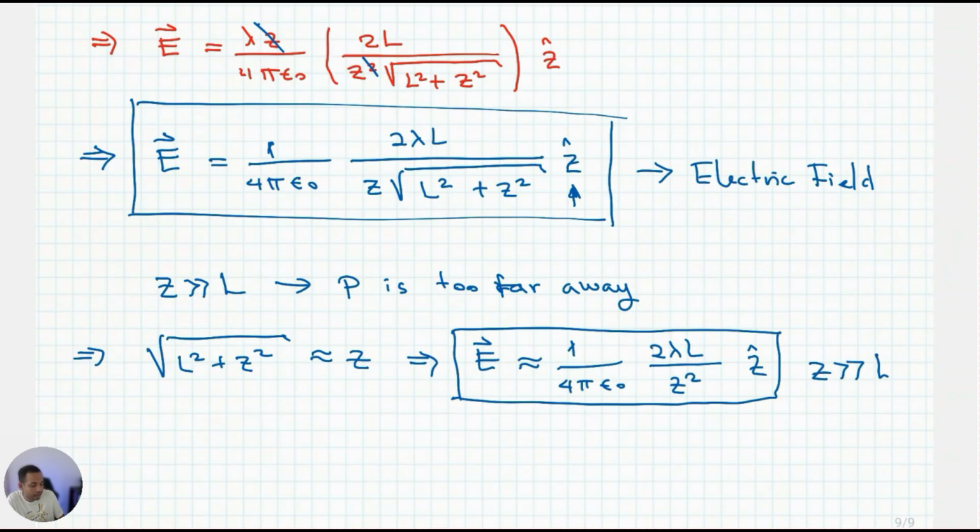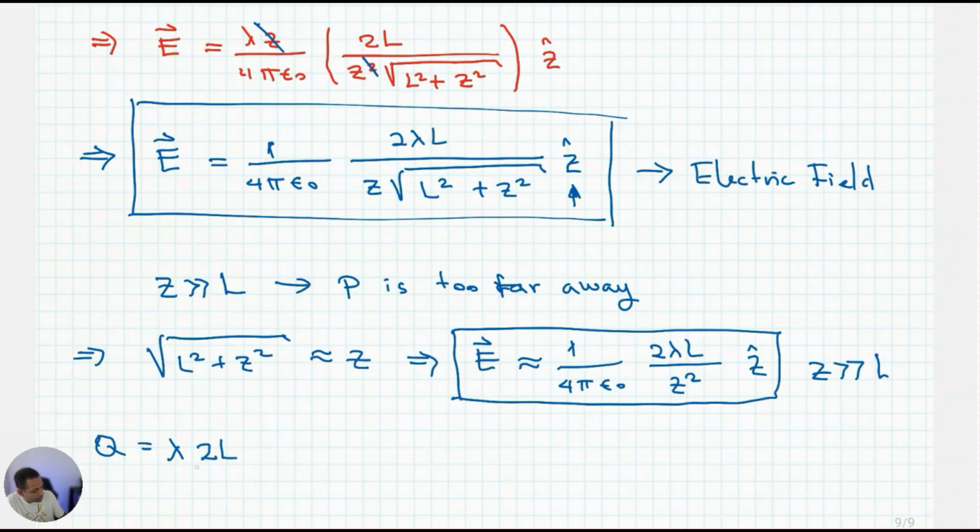Okay? And that happens when this is the situation. Remember, the total charge is going to be Q. It's going to be the density, lambda, multiplying the length of the rod, and the length is 2L.